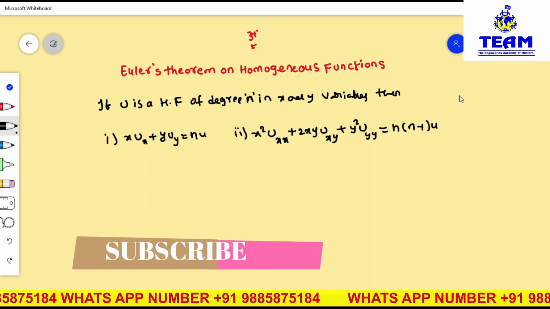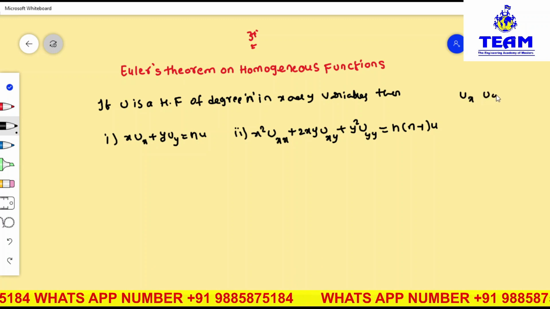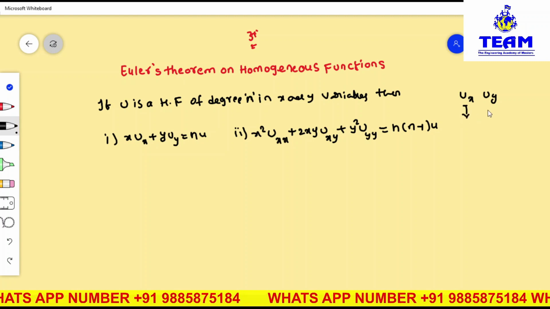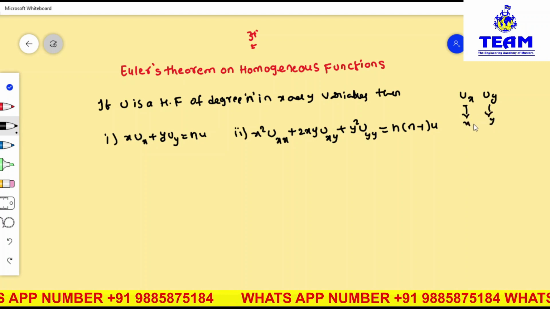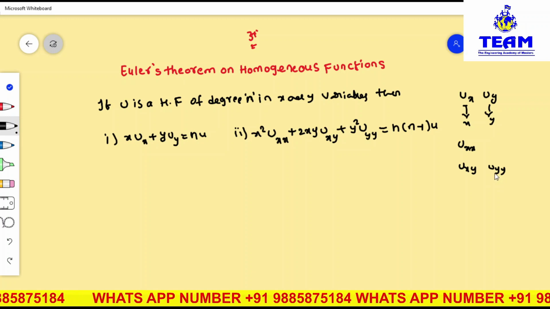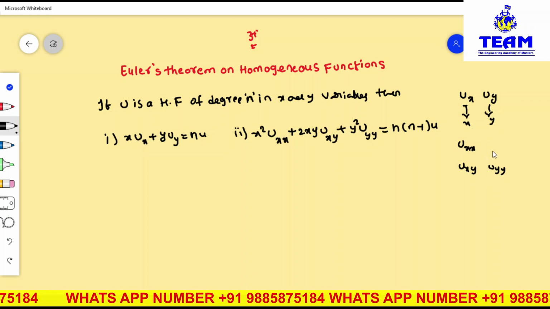Where u is a homogeneous function, and ux, uy are called first order partial derivatives with respect to x and with respect to y. And uxx, uxy, uyy are called second order partial derivatives.